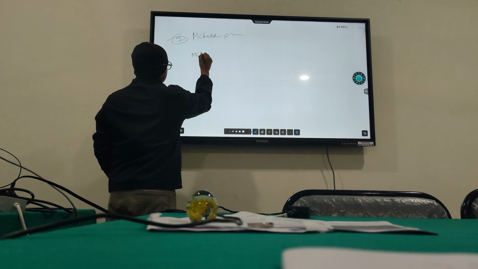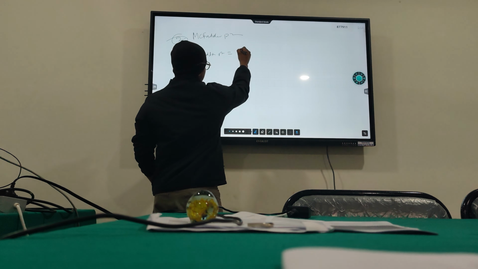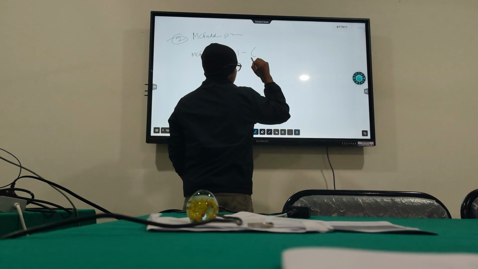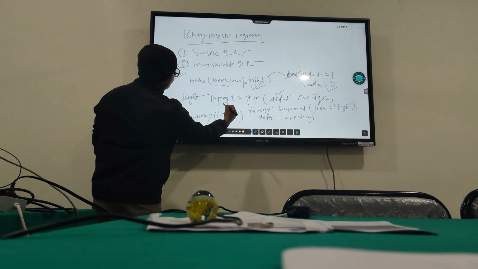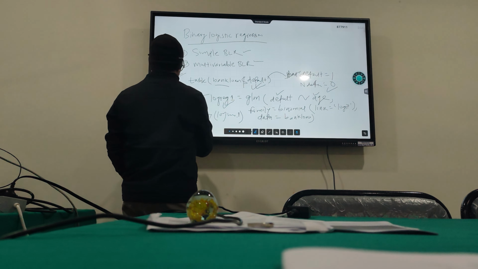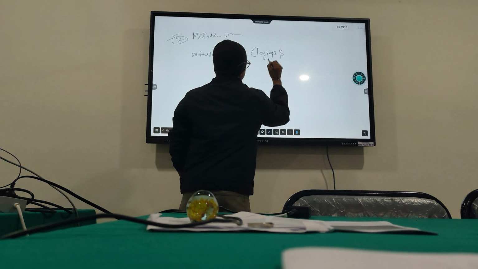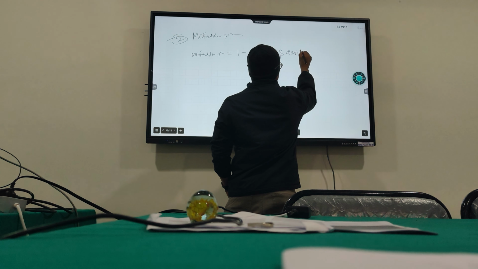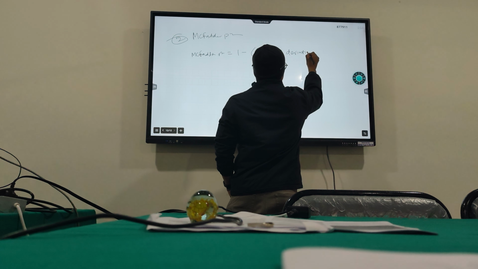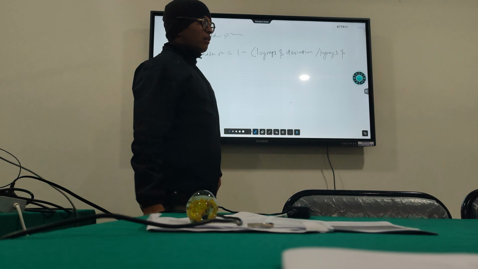Suppose R square equals, we have a formula: 1 minus log reg 1 deviation divided by the null deviation.